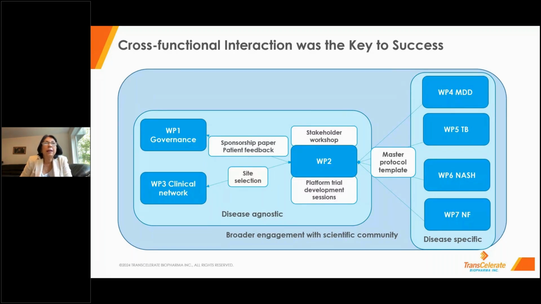The 4 disease areas had domain experts who examined the state of the art medical knowledge in order to identify the research topics which would lend to further drug development and clinical trials. So the 4 disease areas that were chosen were major depressive disorder, TB, NASH, and neurofibromatosis.